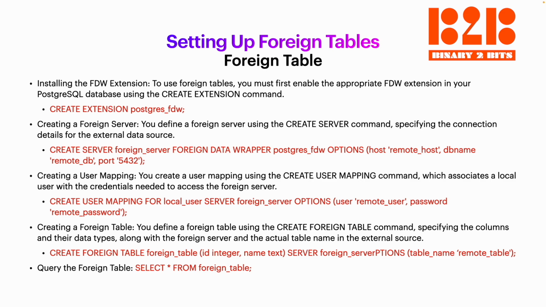After defining that table, you can select data from that foreign table, like we usually do in our SQL database. Select star from table name, or select some column names from the table, and all the operations, aggregate, group by, we can perform on that table as normally we do.